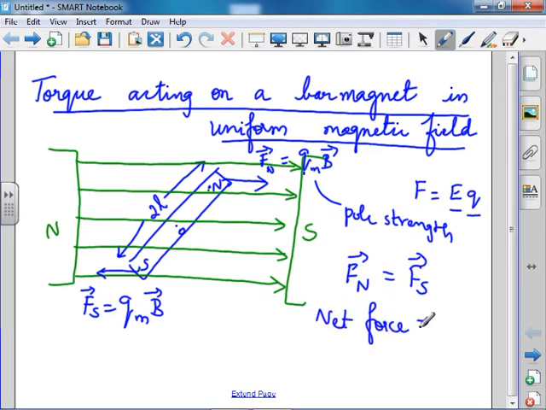So, there is no translational motion at all. These two forces constitute a couple which will try to rotate the dipole in the direction of the magnetic field. So, these forces will try to rotate the magnet in the direction of the magnetic field.